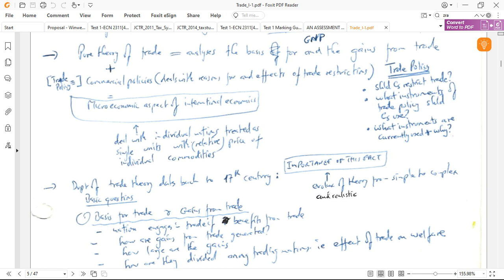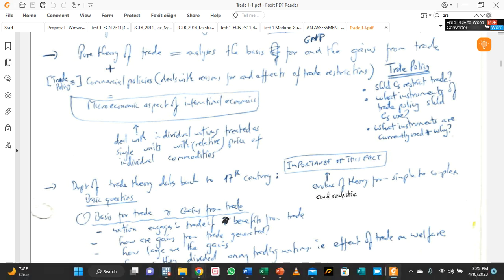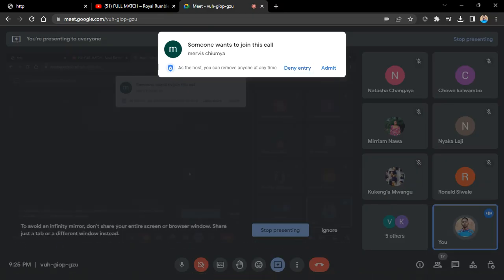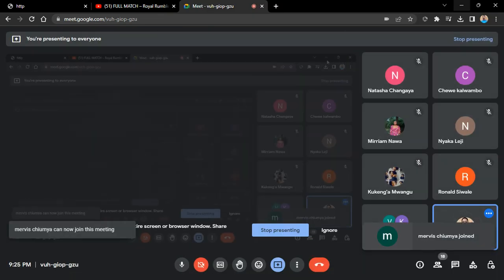Then there's also what we call trade policy. Under trade policy, you look at the policies that govern trade, and these depend to some extent on the region you're in.